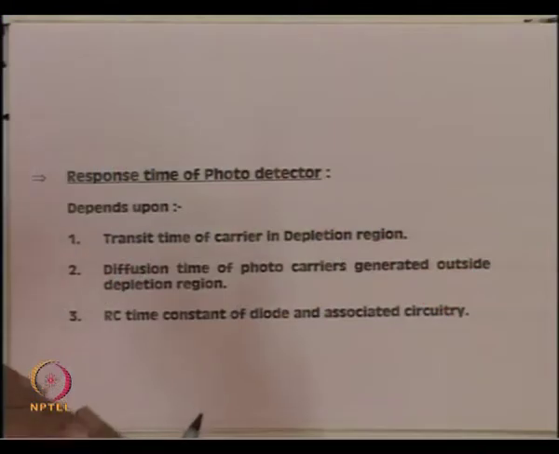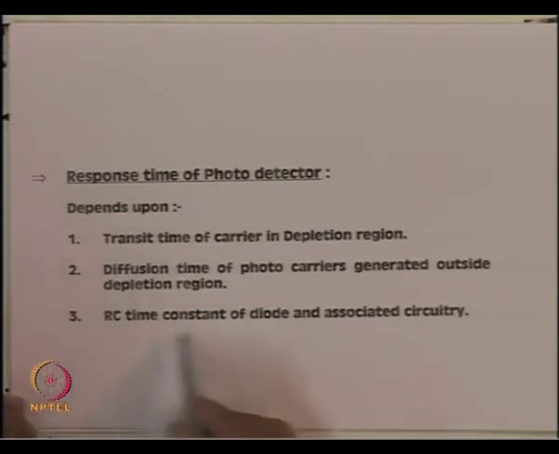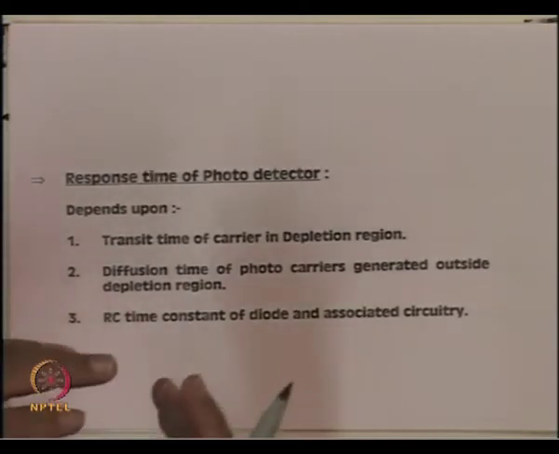And thirdly, we have seen that for a reverse bias junction, there are junction capacitances, and this capacitance is combined with the load resistance of the photodetector. The load resistance has to be very large, because the PIN diode is basically a current controlled device.